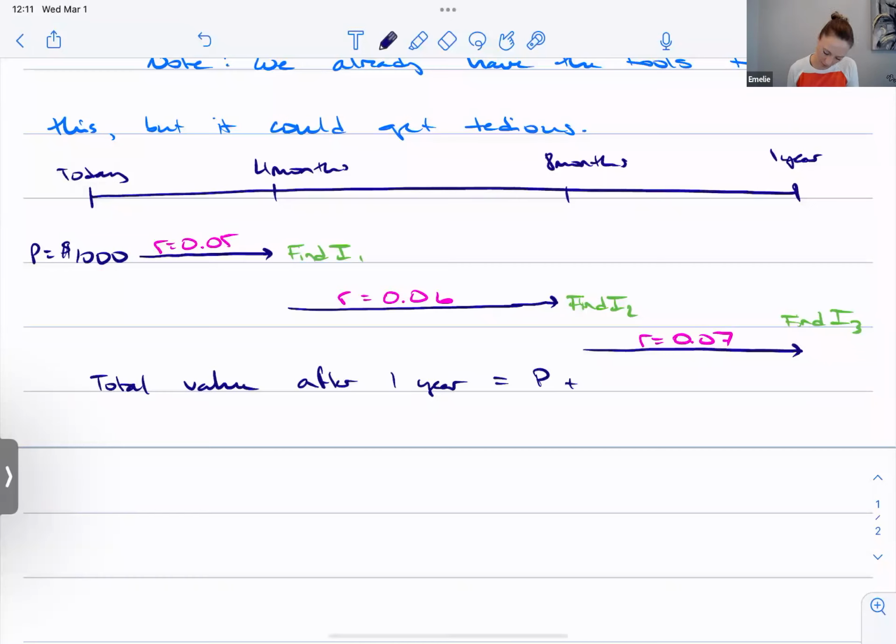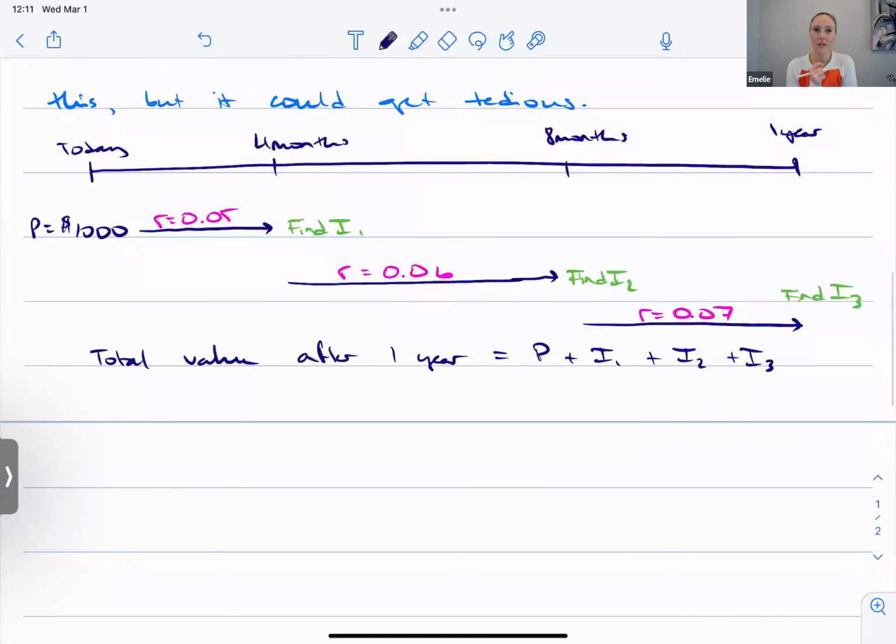So P plus the amount of interest for the first 4 months, plus I1, plus the amount of interest for the next 4 months, I2, and then again I3. Because remember, the future value formula is just P plus I, and now I just have multiple I's.